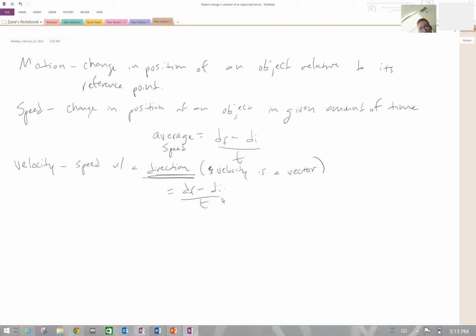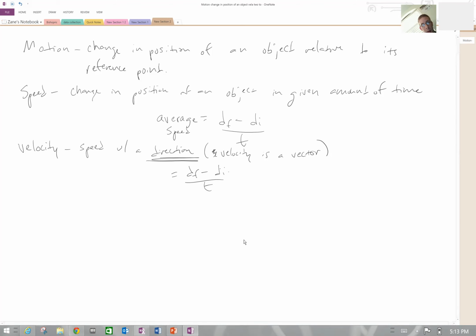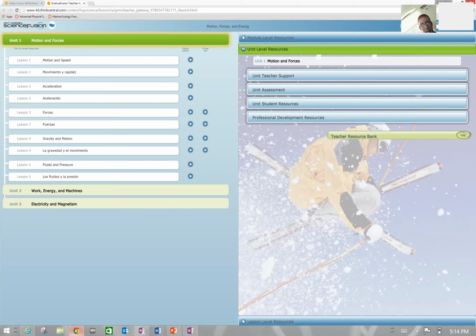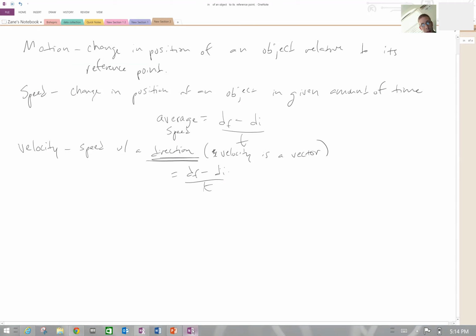Let's move on to lesson 2. Okay, so lesson 2 talked about an object's acceleration. Okay, so simply put, acceleration is the change in velocity of an object over time.